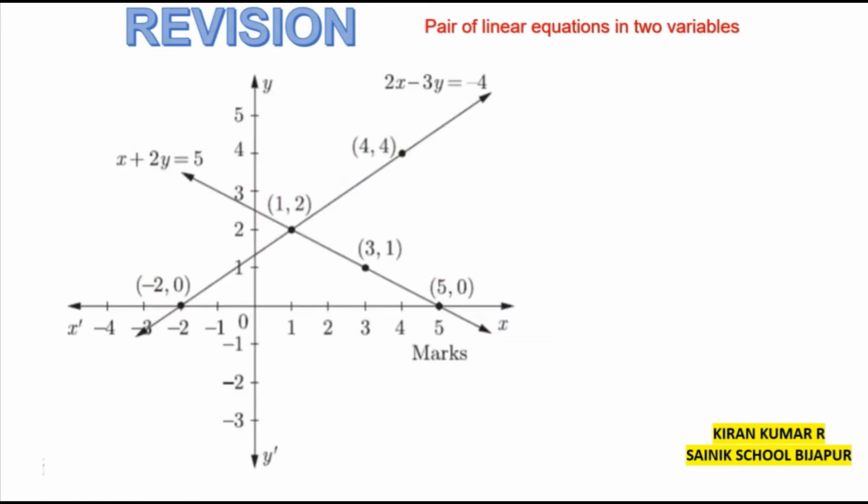The graphs of these equations, 2x minus 3y equal to -4 and x plus 2y equal to 5, intersect at 1, 2. At the x-axis, the line representing 2x minus 3y equal to -4 cuts at -2, 0, and the line representing the equation x plus 2y equal to 5 meets at 5, 0.